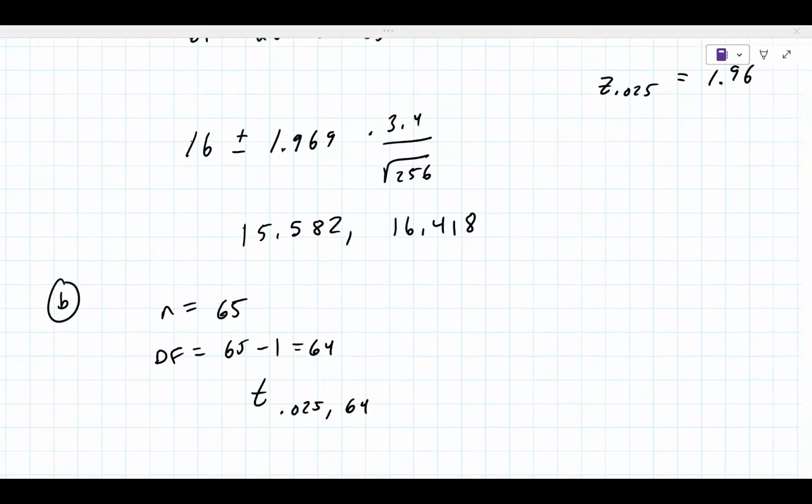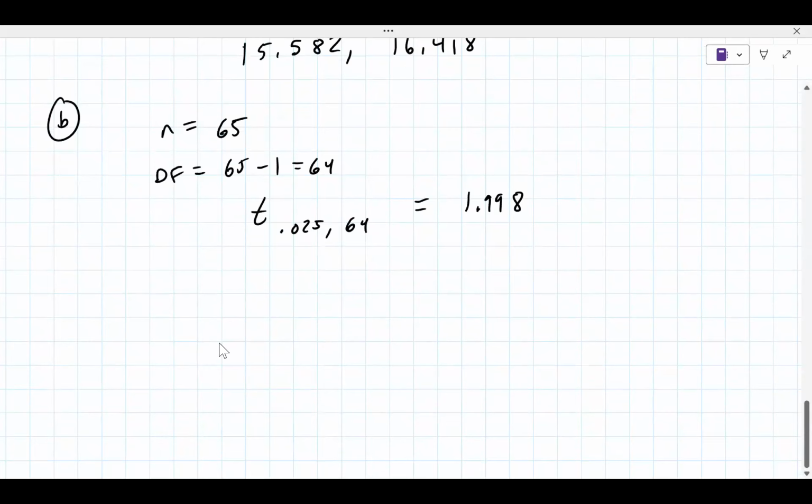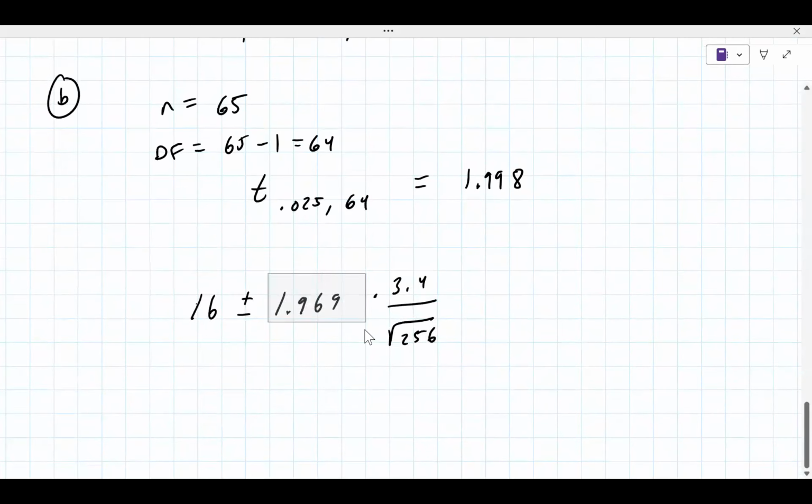Okay, I'm doing that. So 64, 0.025, which is 1.998. That is what I got as well. It's the exact same calculation, except that T changes, and then the N value changes. So your N is now 65, 1.998.